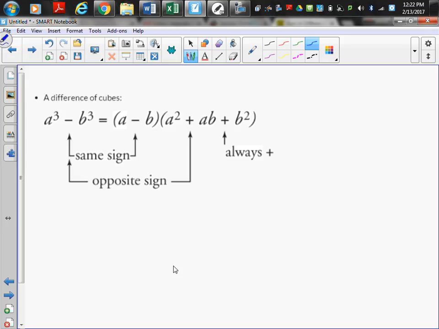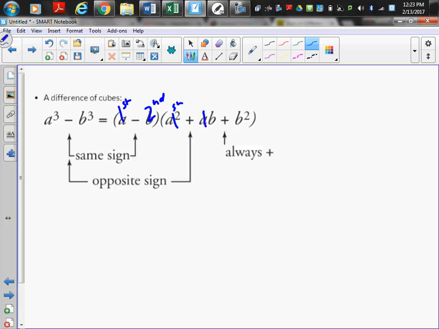All right, this one's the same thing. You keep the same sign for your first and your opposite. And this one is always a positive. So difference, it's the same thing. So this is first, second, this one is your first part squared.